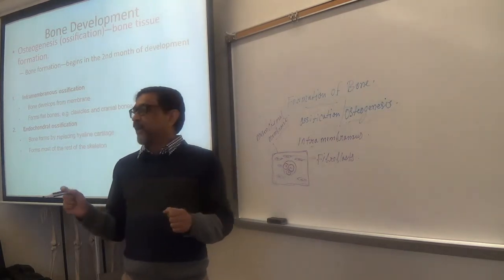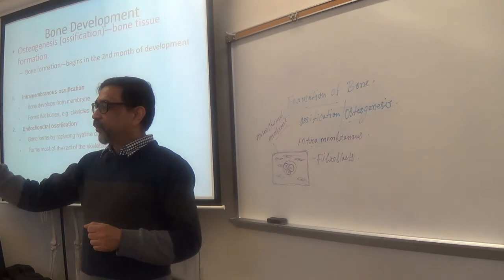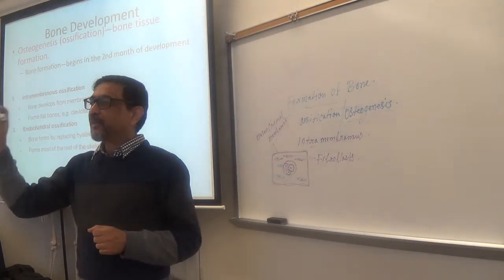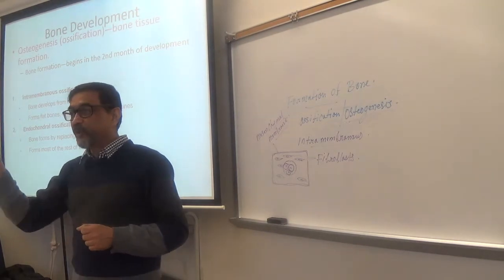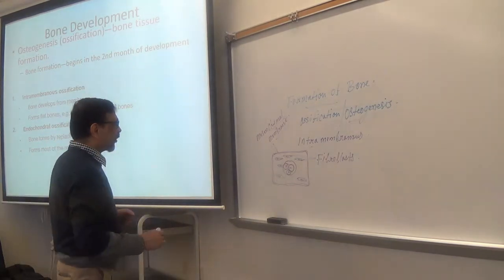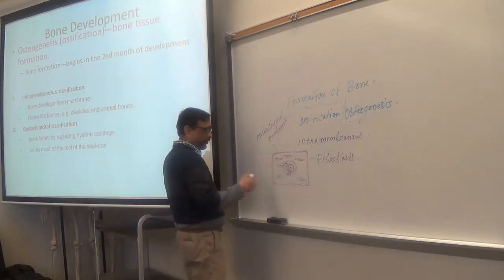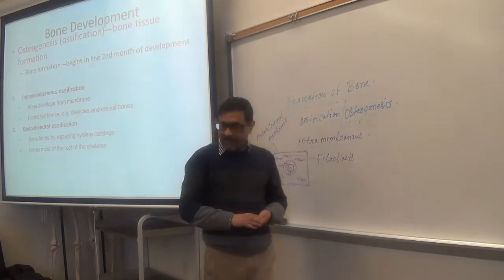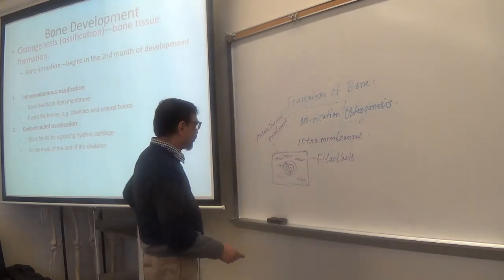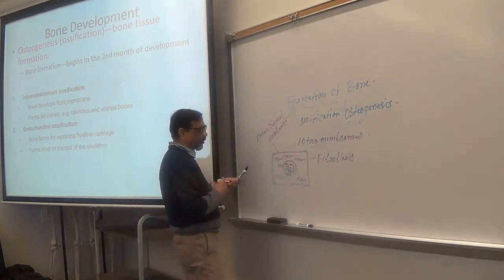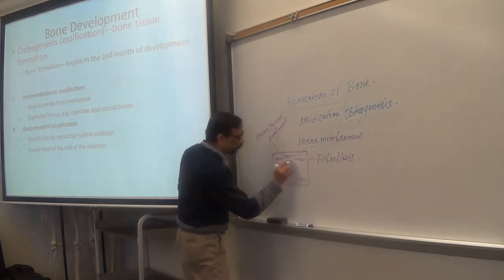I mentioned in the last class, osteoblasts secrete the matrix, they produce the matrix of the bone. So what will happen next? These osteoblasts will secrete matrix around them.